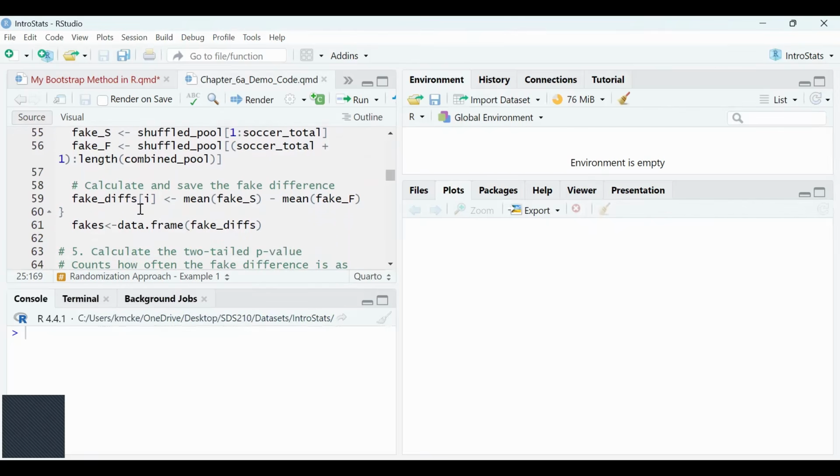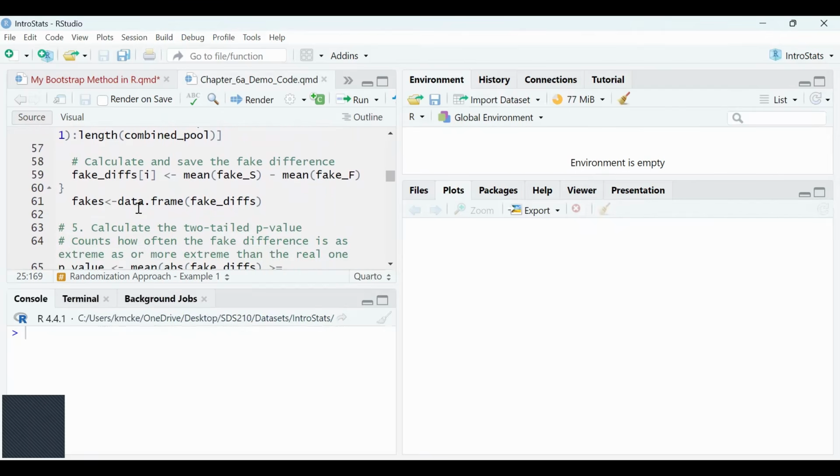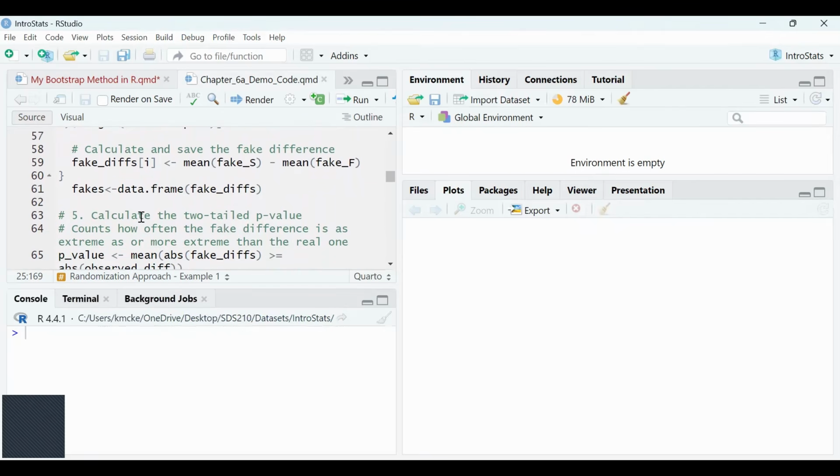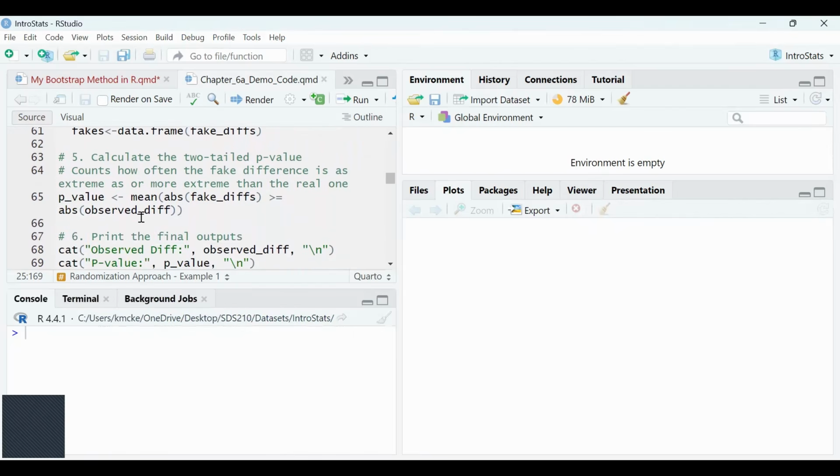Then we're going to calculate the fake differences between the two. And then, because these are ones and zeros, we can use this mean to do this, and then turn that into a data frame so that we have this data frame fakes. So then we've got these fake differences, and we want to compute a p-value.